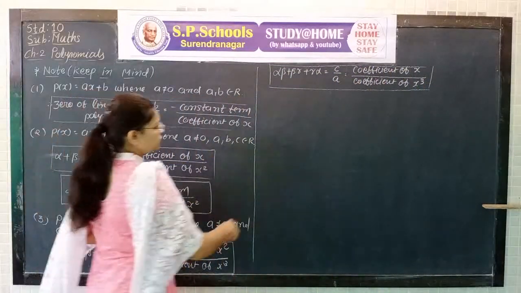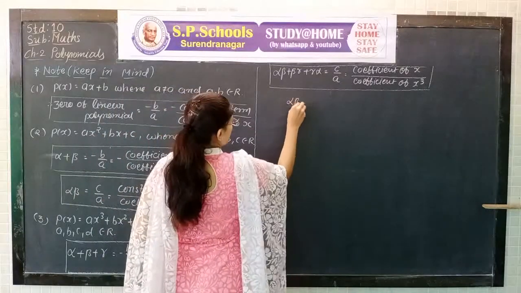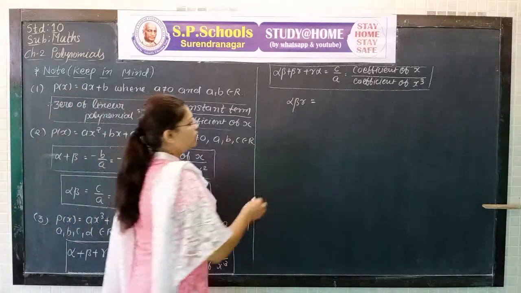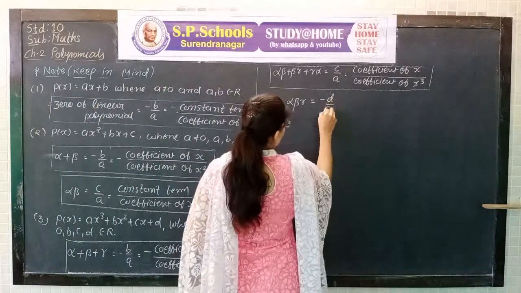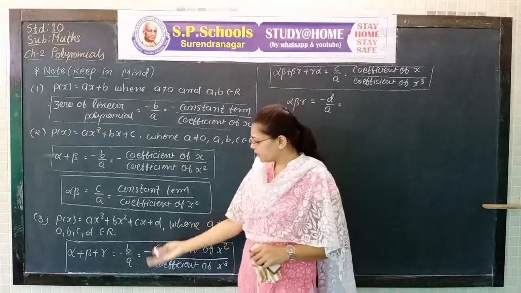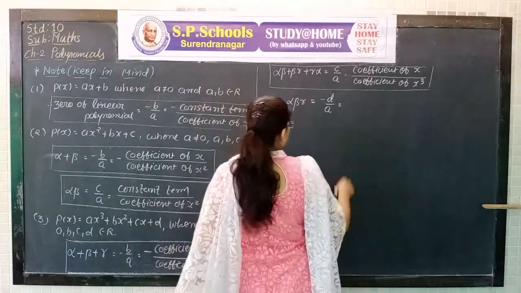Now last, third. Third is the product of zeros. Written as alpha into beta into gamma is equal to minus d upon a, where d is the constant term and again a is the coefficient of x cube.